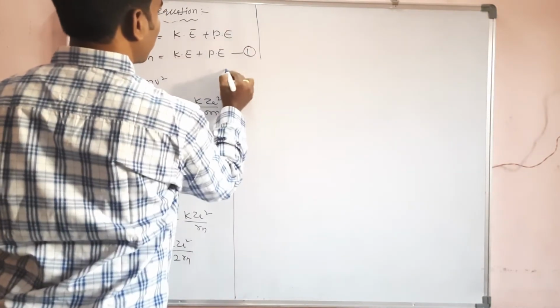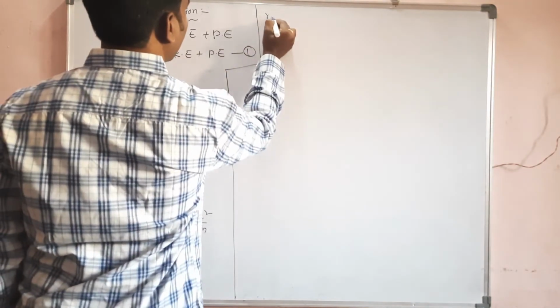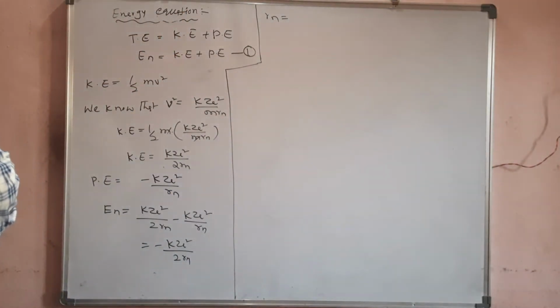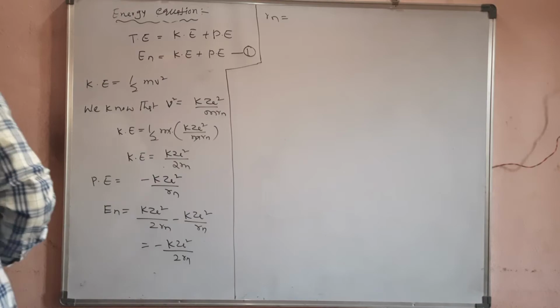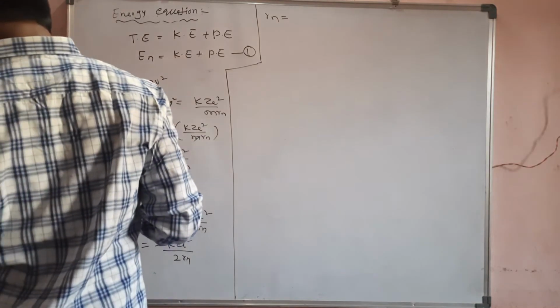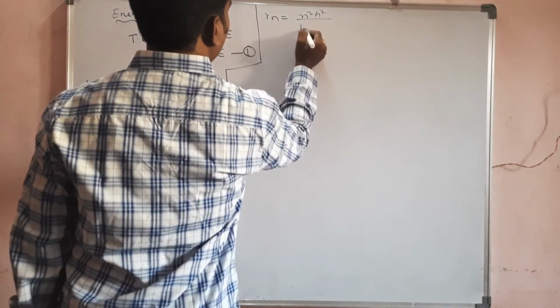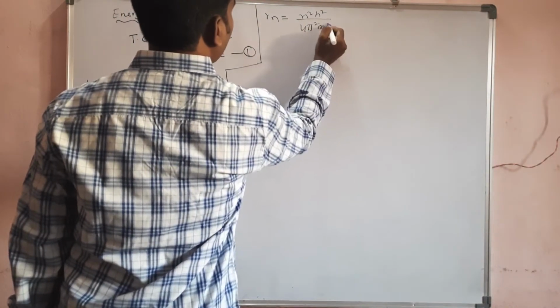we have an equation for Rn, the radius of an orbit. Rn is equal to n square h square by 4 pi square m k Ze square.